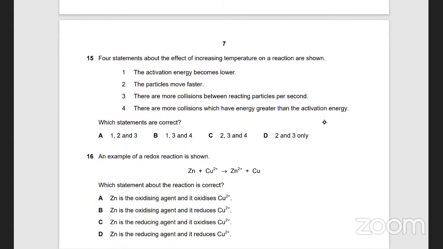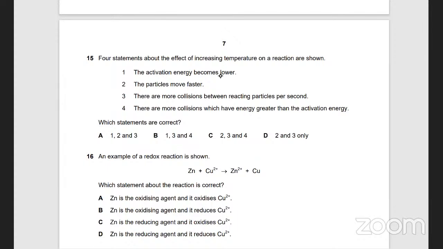Chapter 15. Four statements about the effect of increasing temperature on reaction are shown. Activation energy becomes lower. When does the activation energy change for any reaction? Who changes the activation energy? The catalyst.